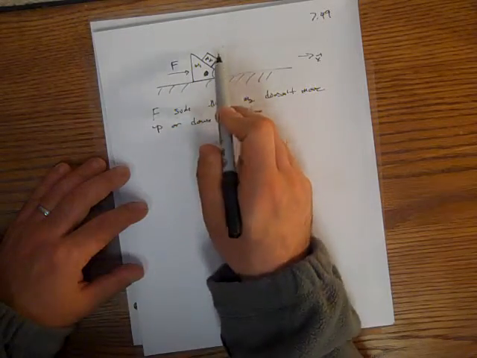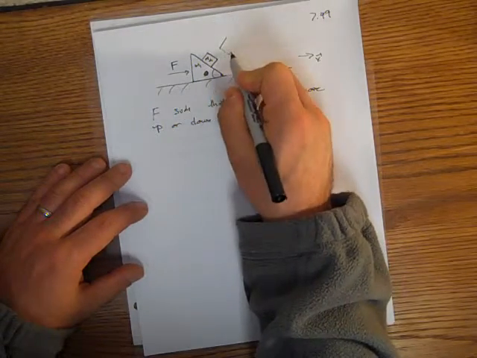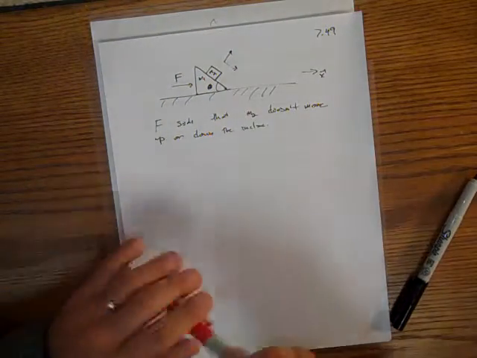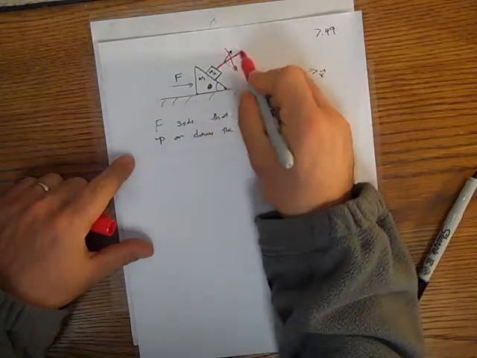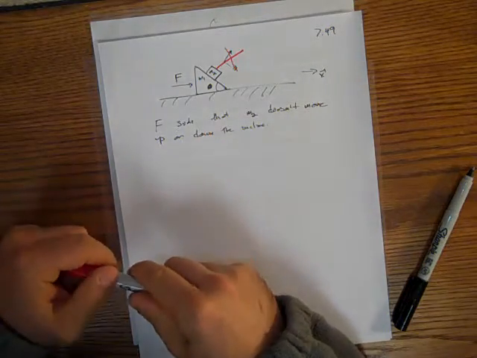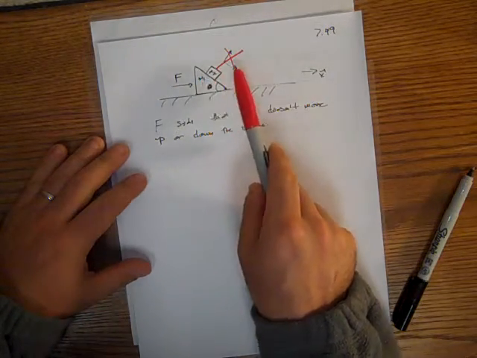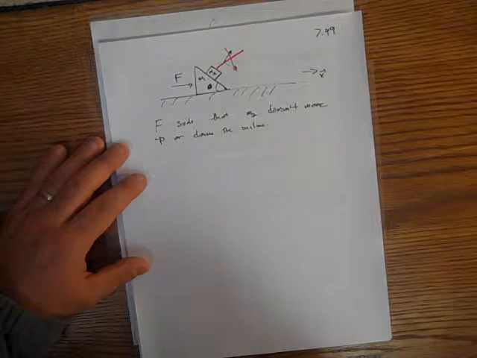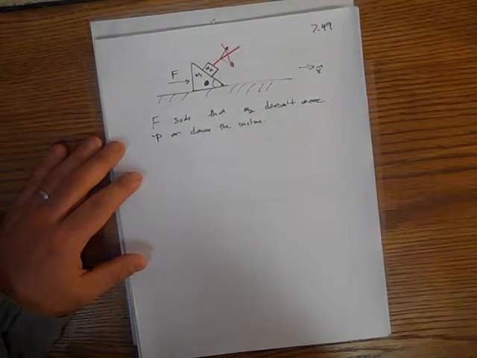So if we orient our coordinate systems like we might want to for the little mass, we run into problems. We actually shouldn't do that, because then we have an acceleration in both the x and y directions. So it's kind of a tricky problem.